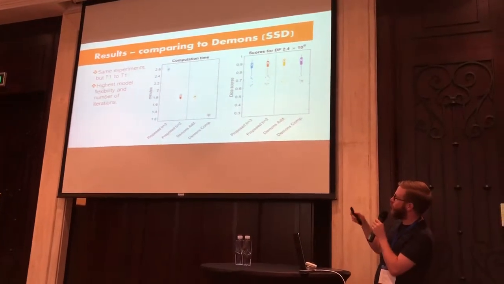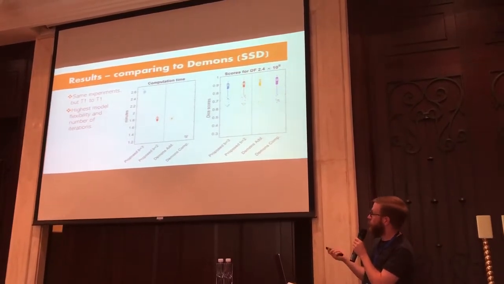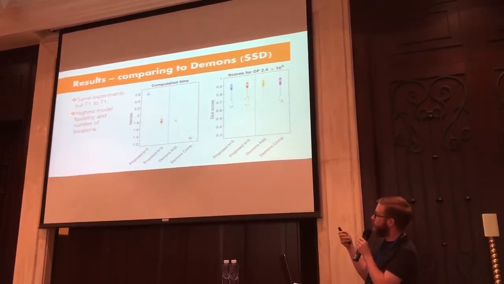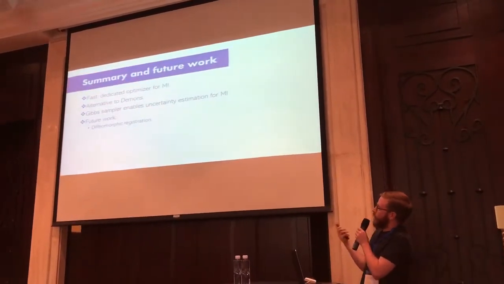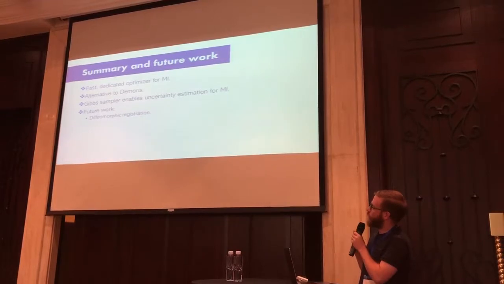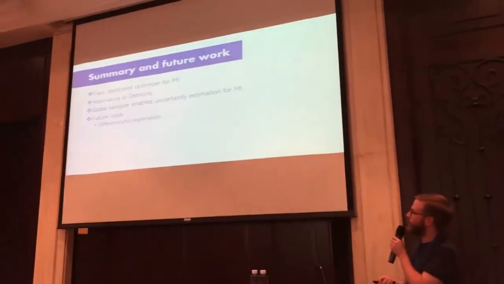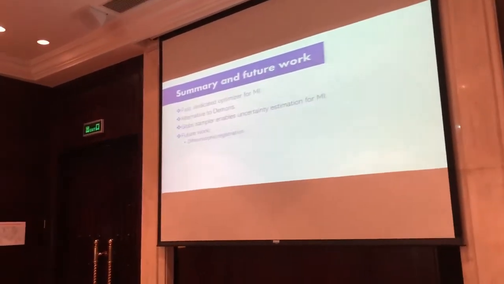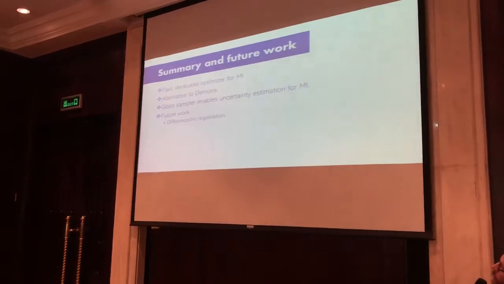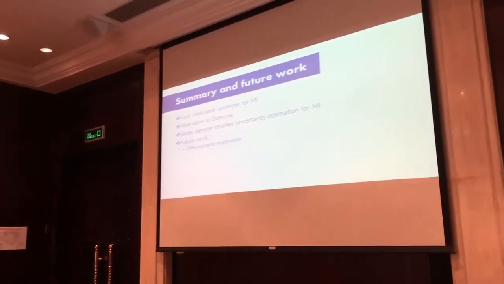I just wanted to say that we have also compared to demons, and it can serve as an alternative to demons in sum of squared differences. To summarize, we have made a fast, dedicated optimizer for mutual information that also can serve as an alternative to demons in sum of squared differences and mutual information as well.